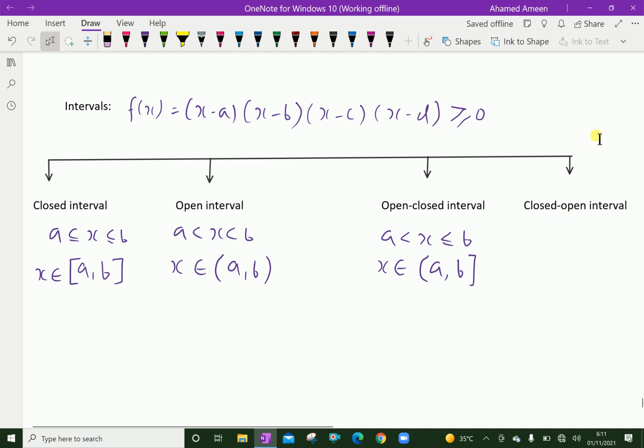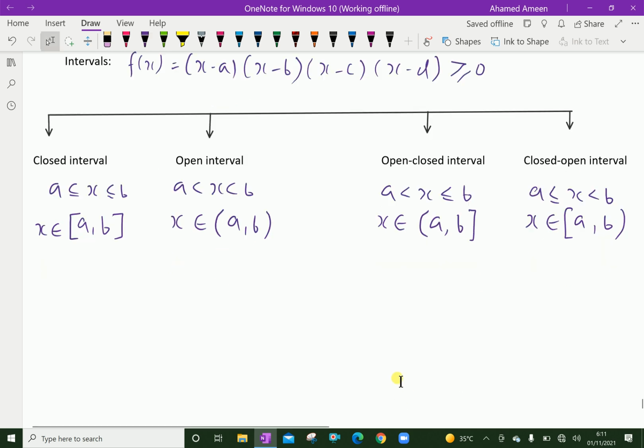That means a is lesser or equal to x and lesser than b. So we can write this symbolically as x is an element of a and b.